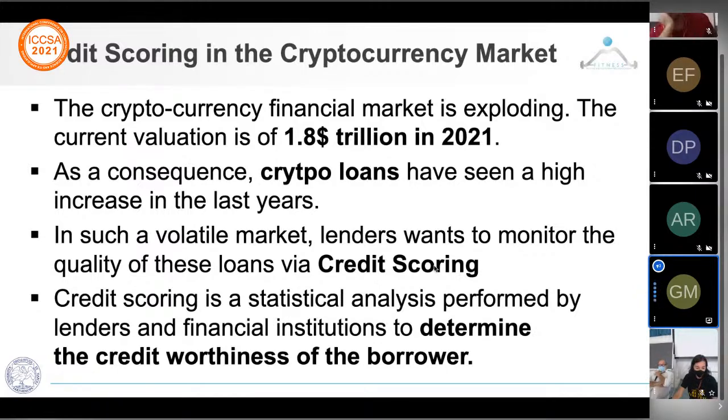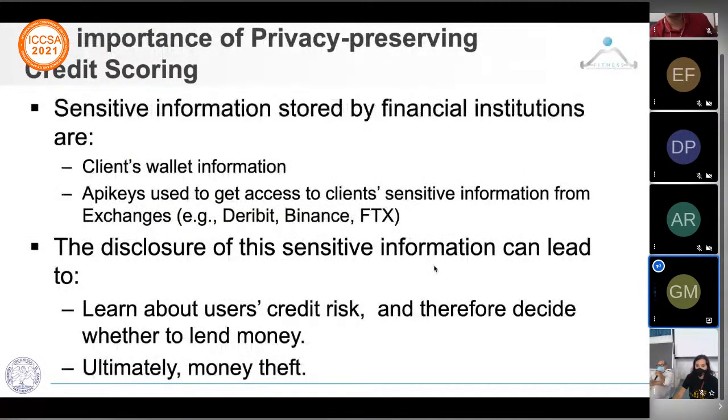In this situation, since the crypto market is highly volatile, there is the need for lenders to monitor the quality of their loans, and this happens via credit scoring. Credit scoring is basically an analysis that allows to determine the creditworthiness of a specific borrower. Why is privacy important for credit scoring?